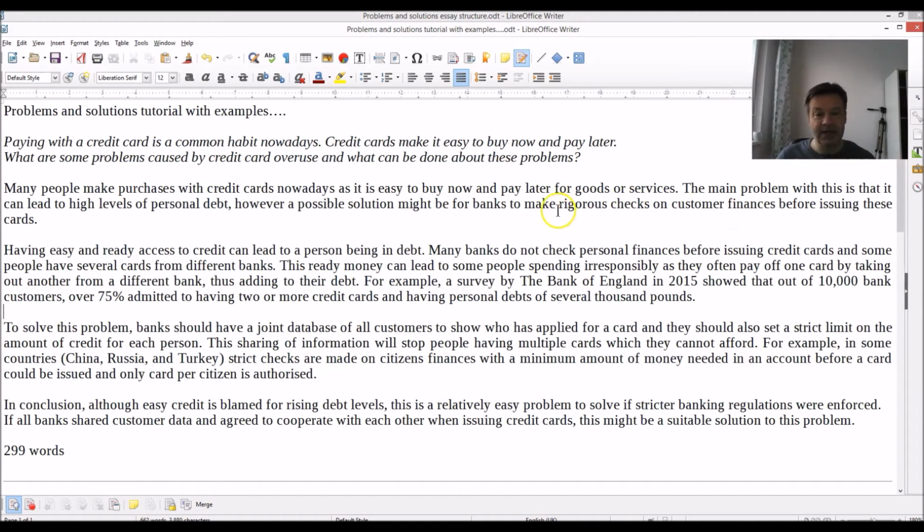The main idea 2, rigorous checks, sharing customer data, joint database, strict kind of checks. So the cohesion part's good because everything links in. There's an interconnection. You can see how this connects to this, connects to this, connects to that. Okay, so that's just one example.